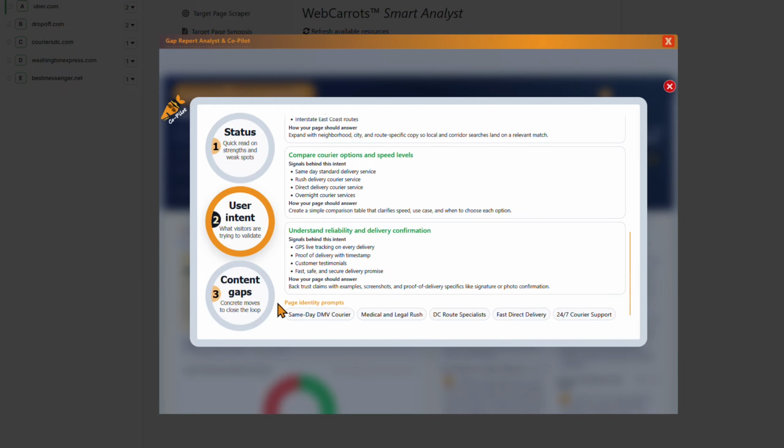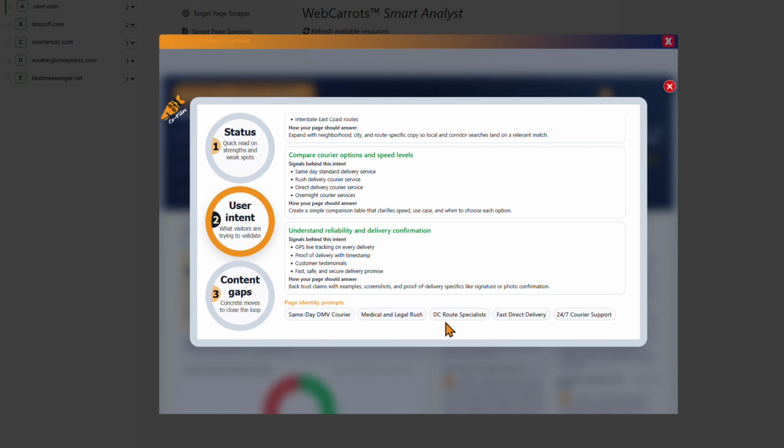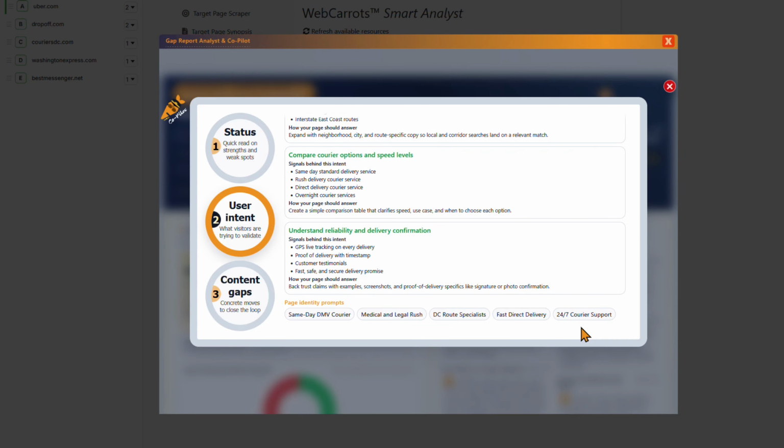At the bottom of this section, you may also see page identity prompts. These are short positioning phrases, such as same-day DMV courier, medical and legal rush, or 24/7 courier support. These are not full headlines. They are quick direction signals for how the page could be positioned.